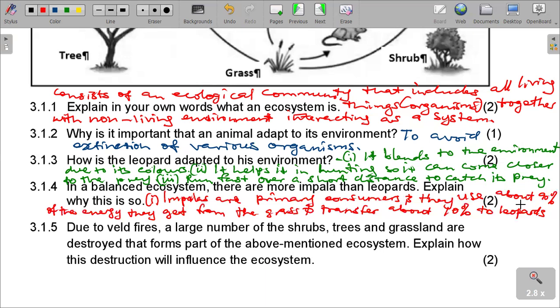So therefore there needs to be more impalas than leopards in order to make what? In order to make sure that the leopards are supported in terms of food supply.